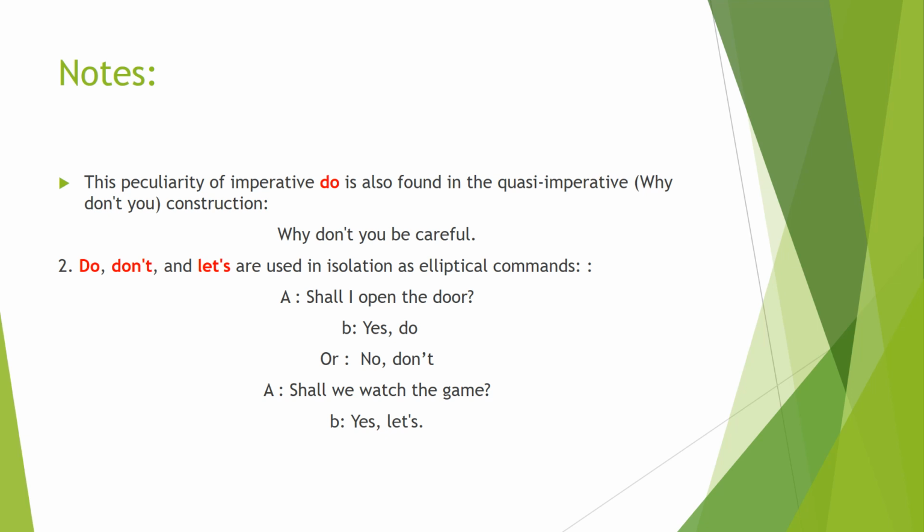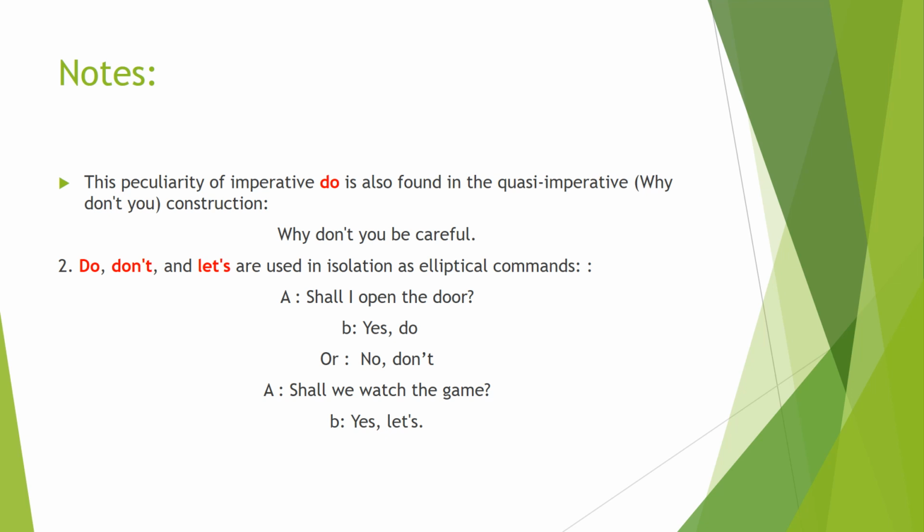This peculiarity of imperative do is also found in the quasi-imperative why don't you construction. So this unique form of the imperative do can also be found in some questions that are similar to commands. For example, why don't you be careful? The form here, as you see, is a WH question.